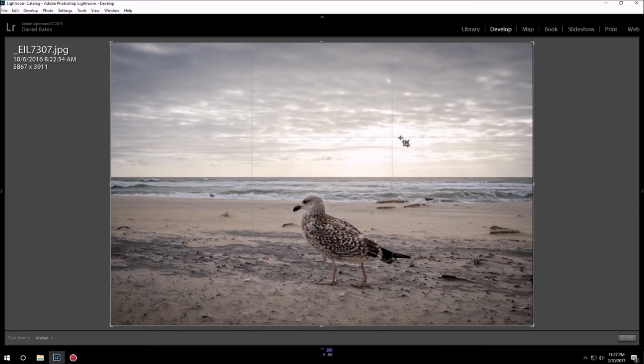So the lightest part of the sky is at the intersecting point here, and then you also have this interest of what this seagull is doing. So this is one of my favorite pictures of all time, and it's absolutely an example that the rule of thirds can be a great guideline, but you don't always have to use it if the image works in another way. So the sky was so beautiful that I have more sky showing.